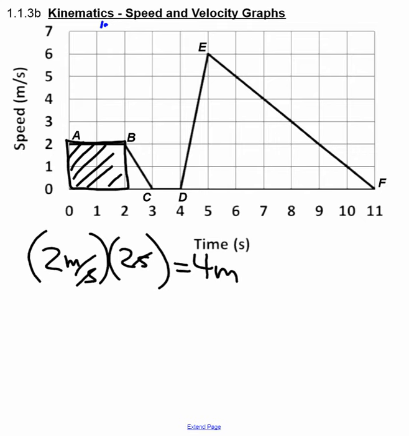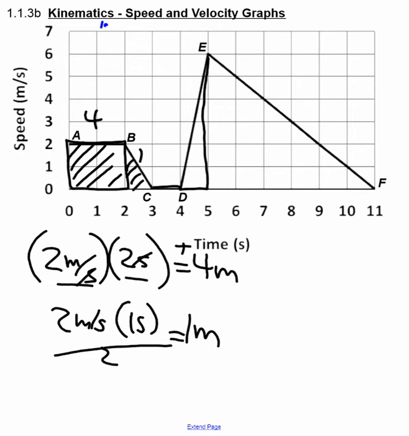We traveled 0 there. Our travel here is 6 times 1, which is 6 over 2, or 3 meters. And then the distance traveled for this figure here would be 6 by 6, 36. Half of that, 18. So we've got a total of 5 plus 3 plus 18, which is 26 meters of total distance traveled.